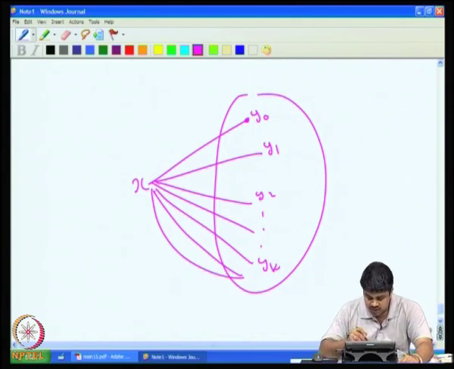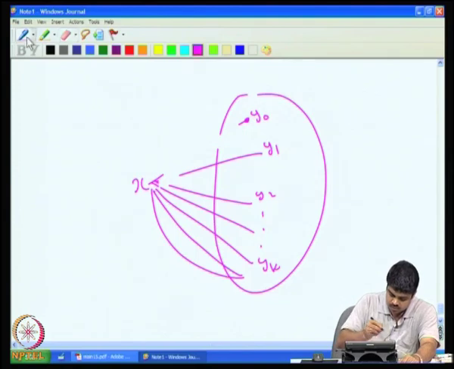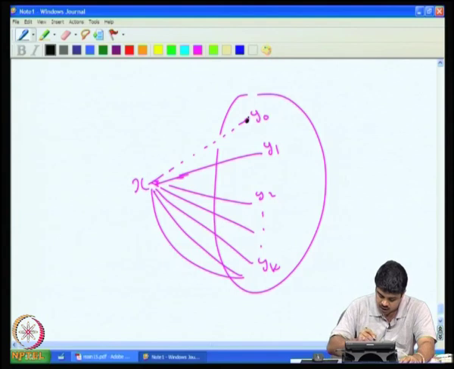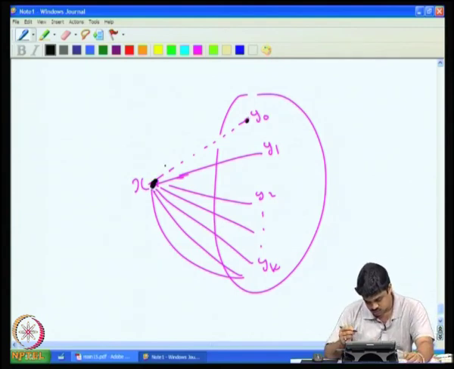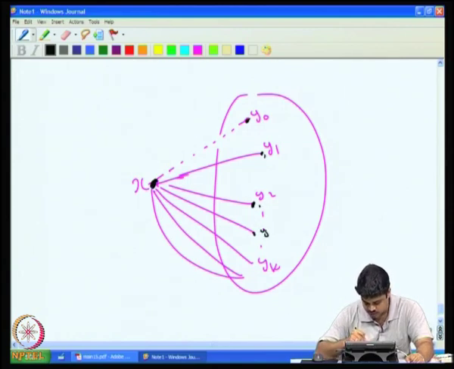The point is, with respect to the original coloring, whatever color is missing here will be the color of this edge xy1, and then whatever color is missing here will be the color of the edge xy2, and whatever color is missing here will be the color of xy3, and so on.